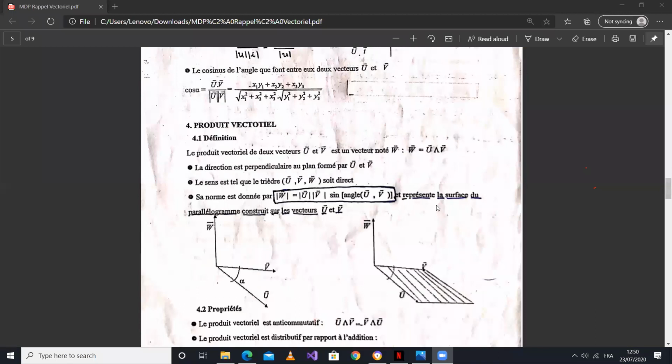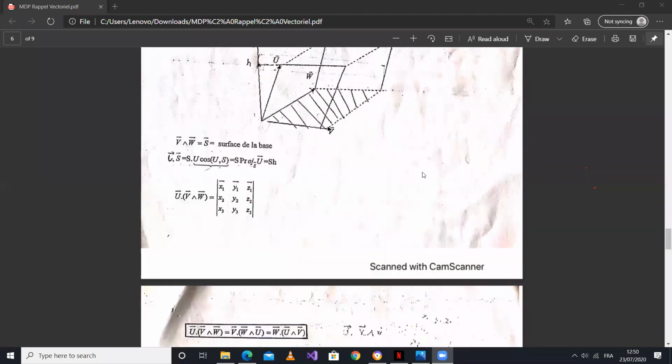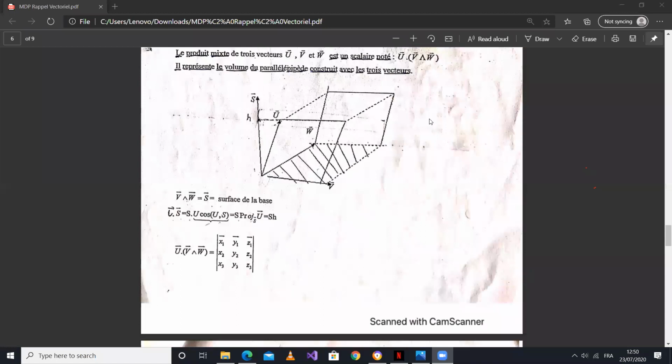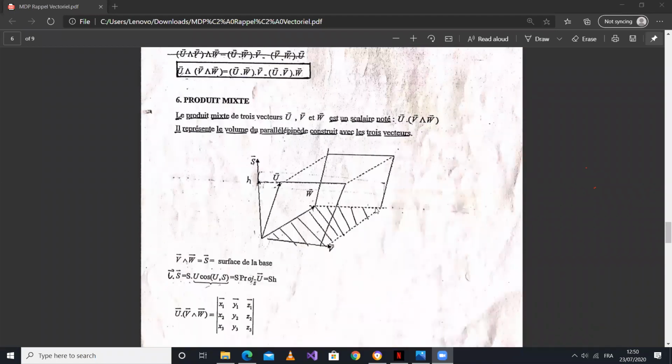So when we come down here in the product mixed, we have V and W forming a parallelogram, this one down here, or this plane. And this operation V vectorial W will give us the area of this. Now, what's the product mixed going to give us? In the product mixed, we introduce this vector there, and we notice that these three vectors form what we call a parallelepiped.